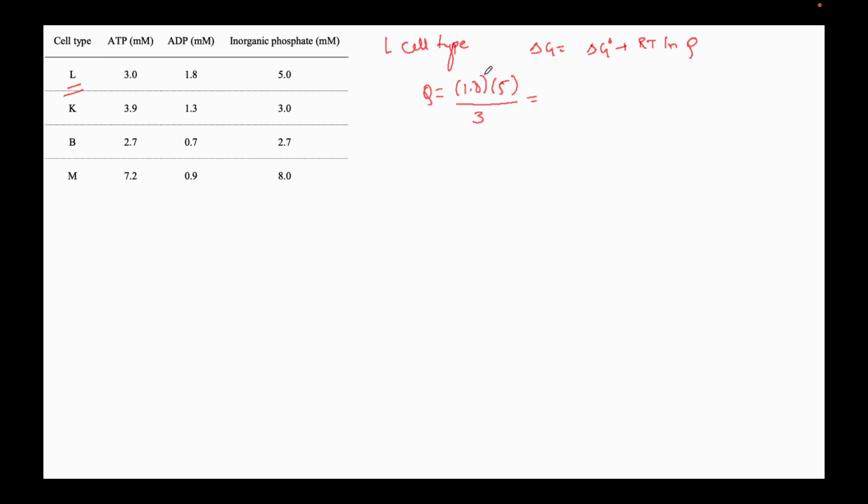So this will be 3. For the L cell type, the reaction quotient is 3, and when we put this 3 in this formula, we'll have delta G equal to minus 30.5 plus RT ln of 3.